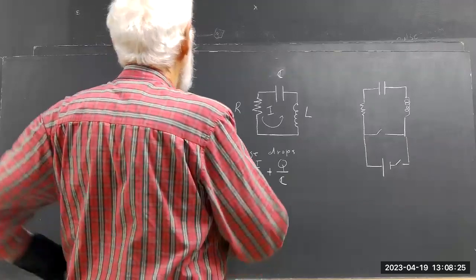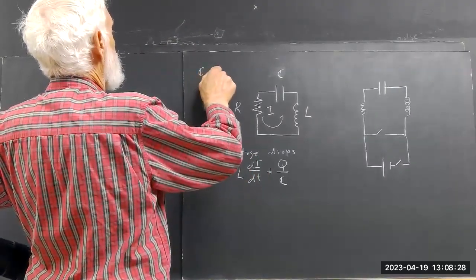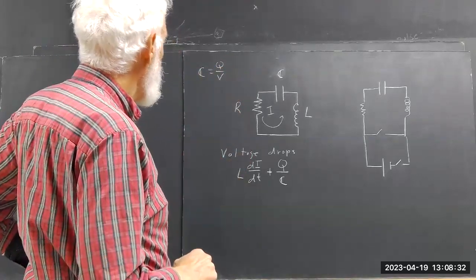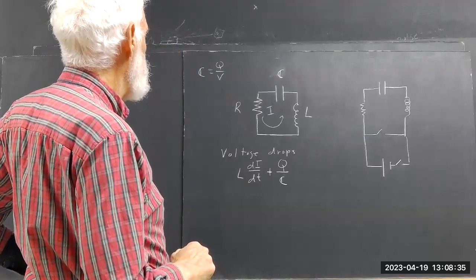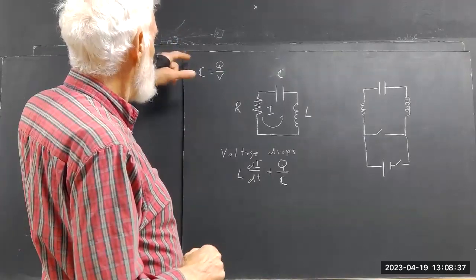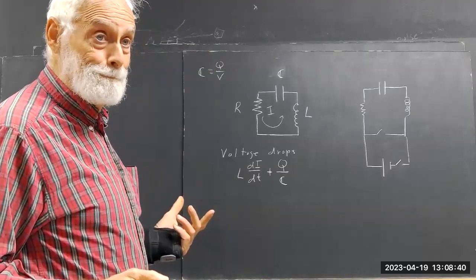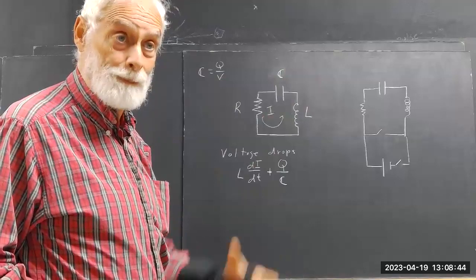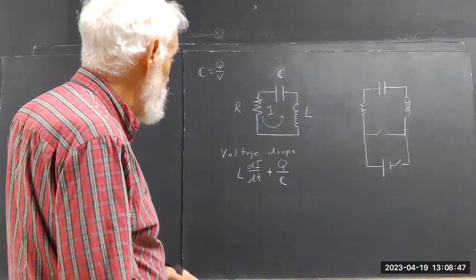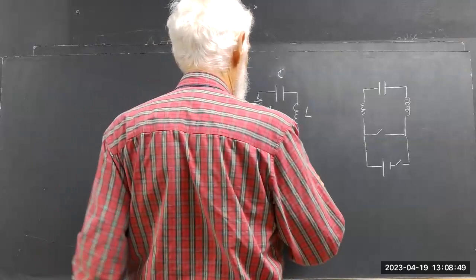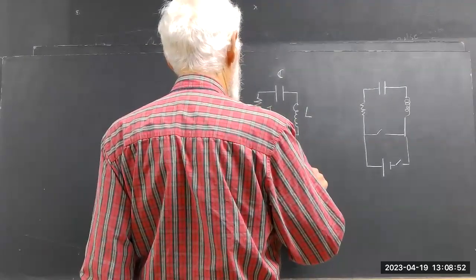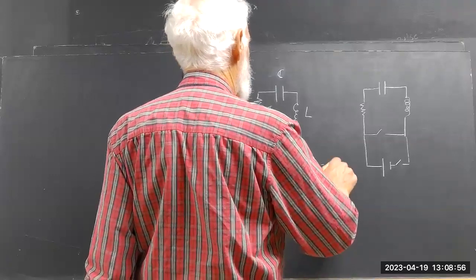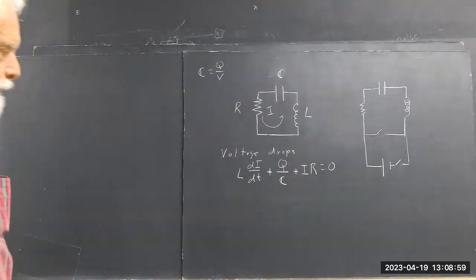That's probably not right. You can get confused on this. Capacitance is Q over V, so voltage is Q over C, right? The intuitive idea of capacitance is charge per unit of potential difference, so Q over C is correct. And then you've got plus IR. Well, that has to be considered, doesn't it?